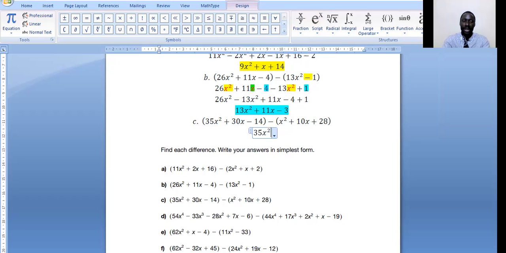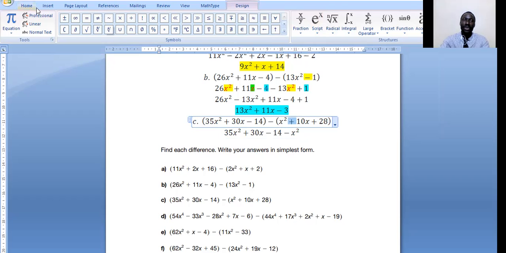Then we're also going to write 30x. Then finally, we will have 14. Then minus, we will be having x squared, because this minus will multiply the one which is standing in front of x, and it will be 1x squared, or simply x squared.